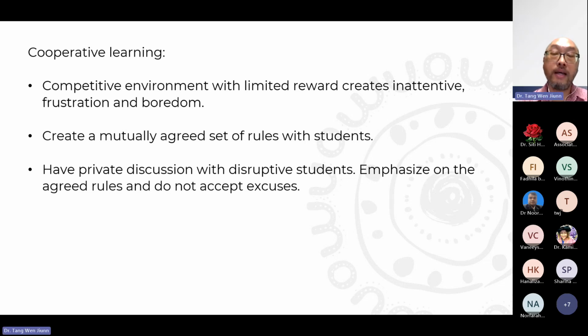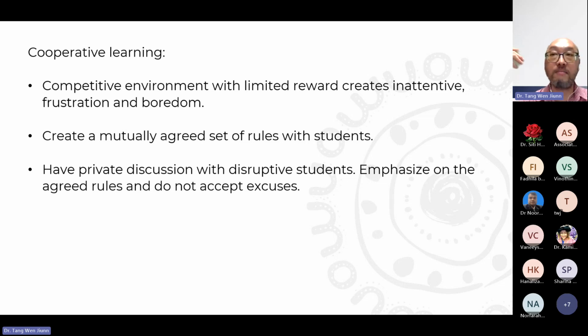If issues happen and we have disruptive students, after class we talk to them privately. Don't point at them on the spot in class and embarrass them. That's what we shouldn't do.